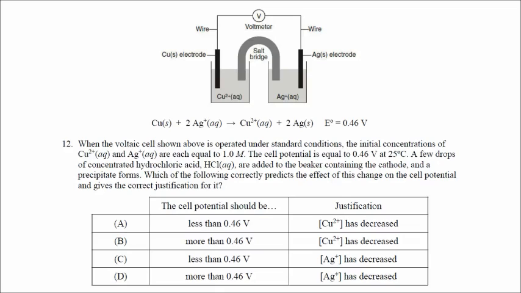All right, the last multiple choice question. We have a voltaic cell with copper and silver. We can tell that the silver is being reduced, so that's the cathode, and the copper is being oxidized at the anode. Now they're adding hydrochloric acid to the cathode, and there's a reaction between silver ions and chloride ions to make a precipitate.